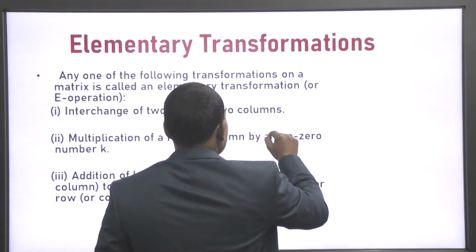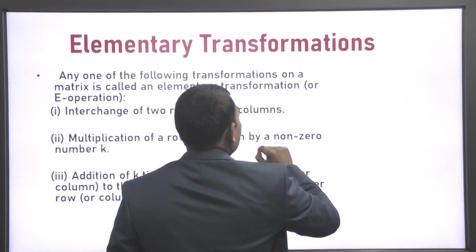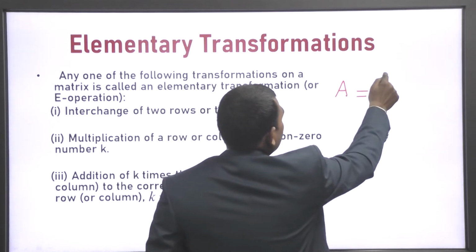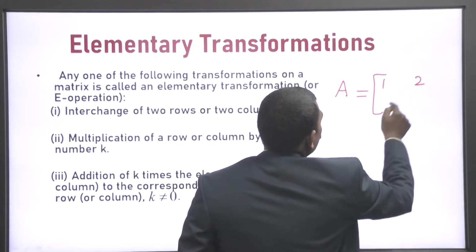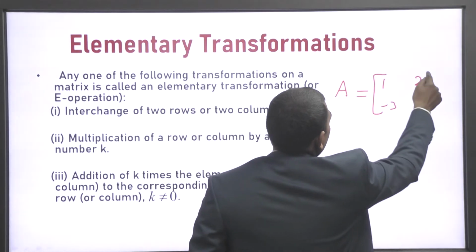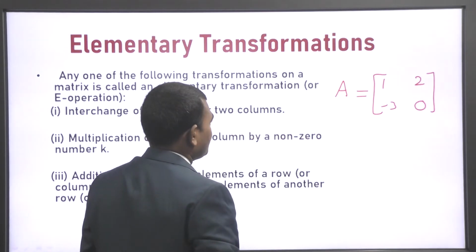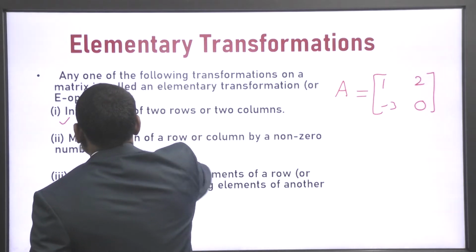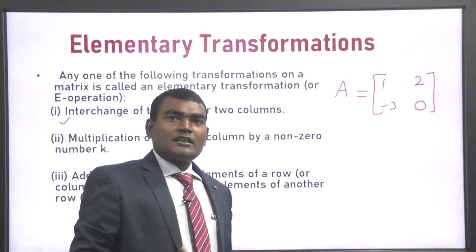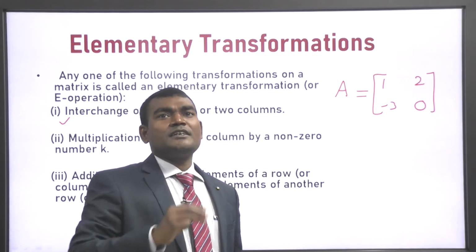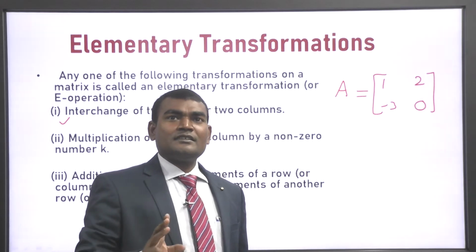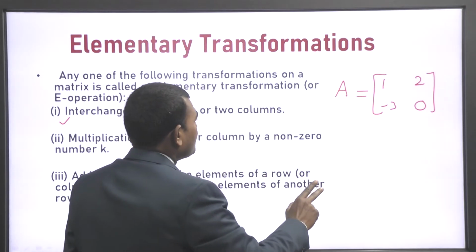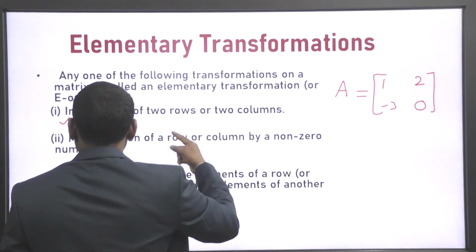We will illustrate these definitions by examples. Suppose 1, 2, minus 3 and 0 is a given matrix. There are only three transformations allowed as elementary transformations and nothing else, meaning whenever you apply elementary transformations, these three will be applied.